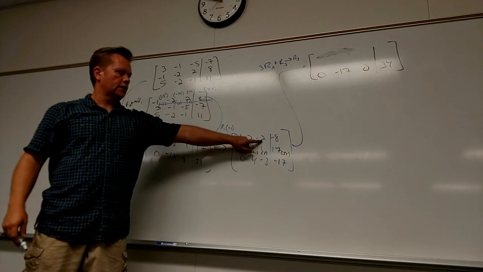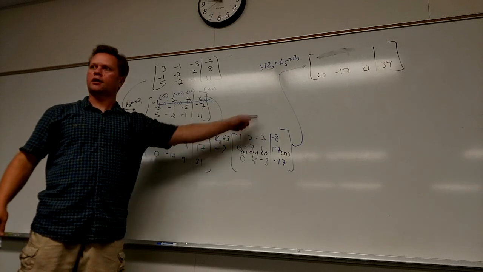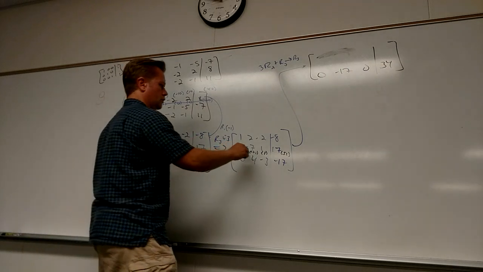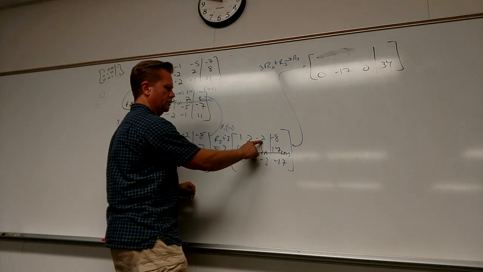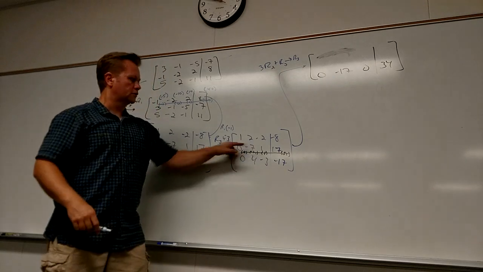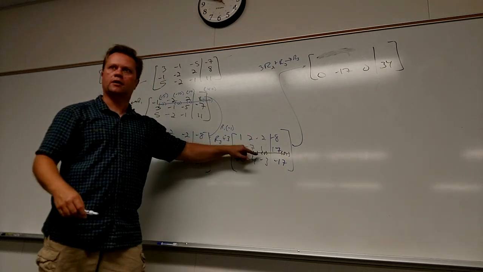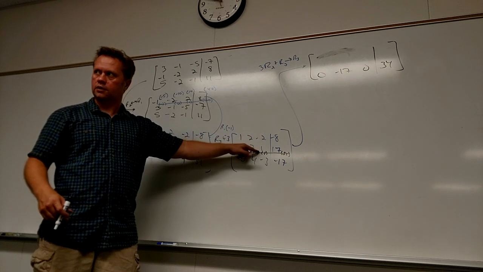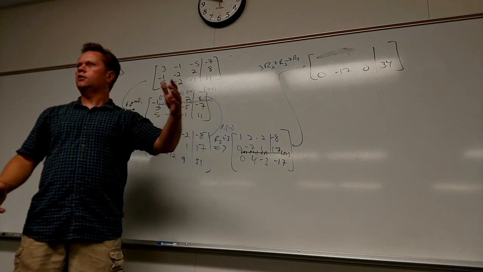And then how do I kill that guy? I might as well just finish working in that column. How do I use that one to kill that guy? What would I multiply this row by so it will kill this when I add them together? 2, because then there'll be a 2 here. Add those together. It's really the fundamental idea.